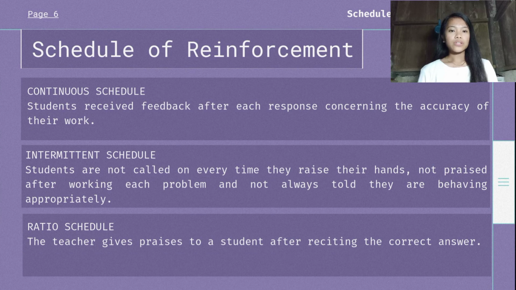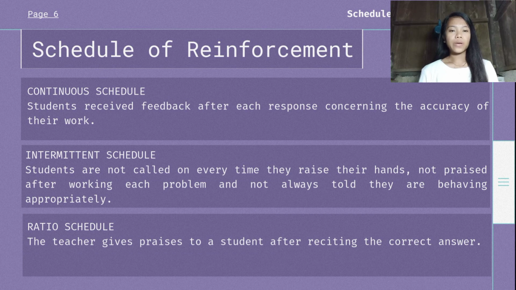Here is the schedule for reinforcement: continuous schedule, intermittent schedule, and ratio schedule. In the continuous schedule, students receive feedback after each response concerning the accuracy of their work. In the intermittent schedule, students are not called on every time they raise their hands.